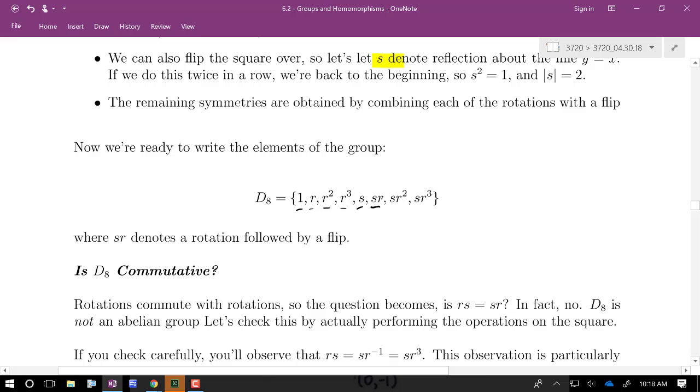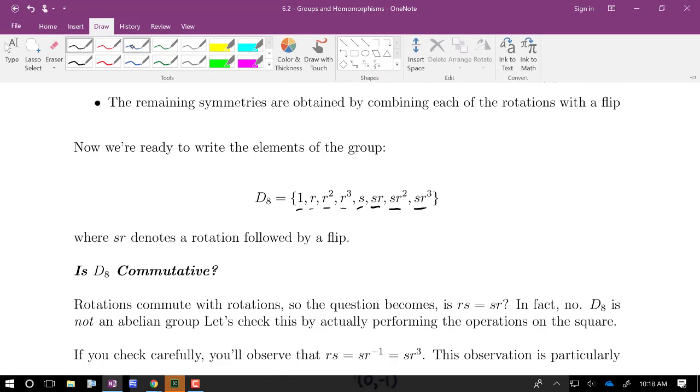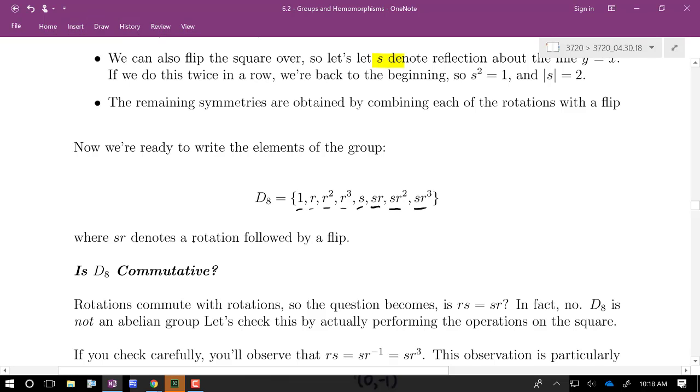So we have SR, SR squared, and SR cubed. And the order in which we execute these operations is important. So SR denotes a rotation followed by a flip. The one that's innermost, R, means we do the rotation first and then we move out to do the flip.